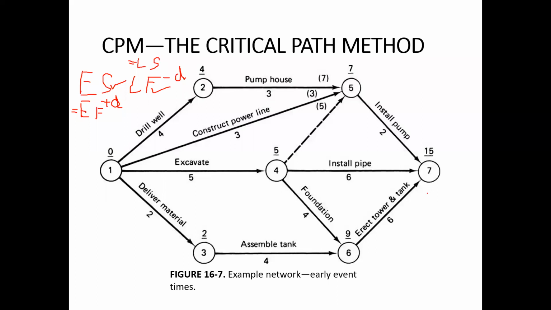So by forward pass calculation, we can calculate the minimum duration of the project. By minimum duration, the meaning is that by the available information, the information which we input into this network, that is the minimum duration of the project.